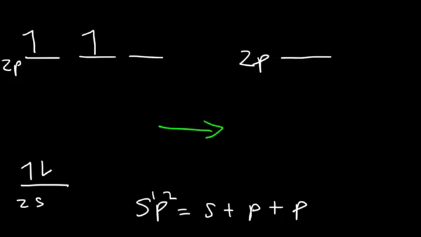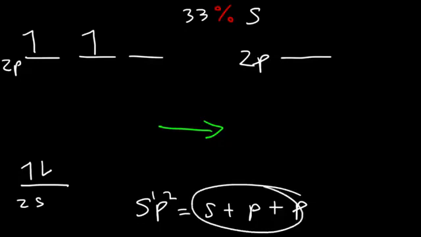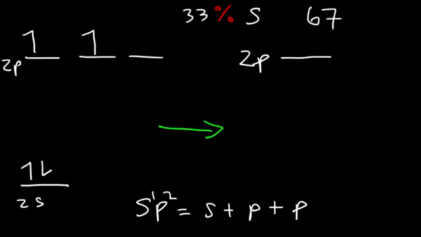And now we have sp2. So one out of the three orbitals is s. So we have 33% s character. And 2 out of the 3 orbitals is p. 2 out of 3 is about 67% if you round it. So it's 67% p character.